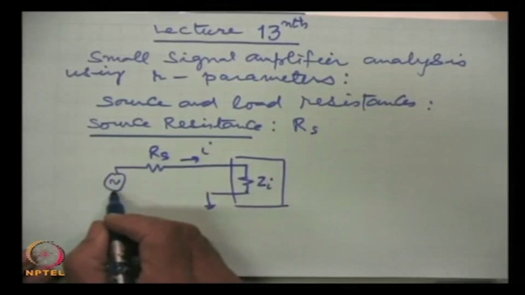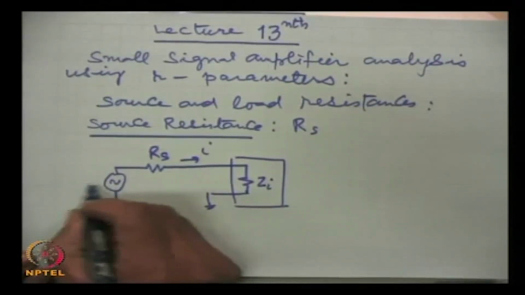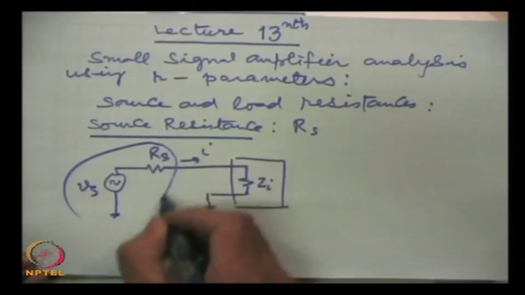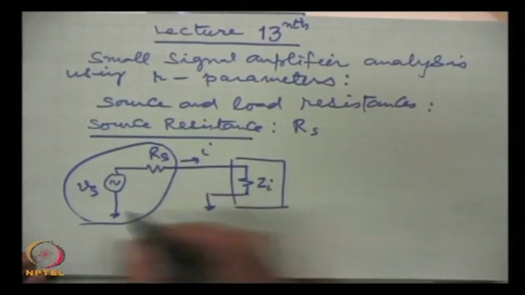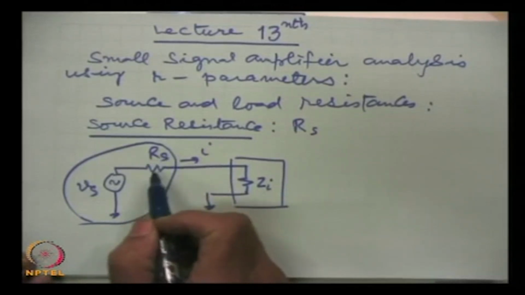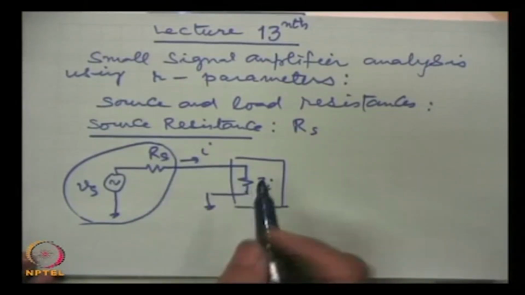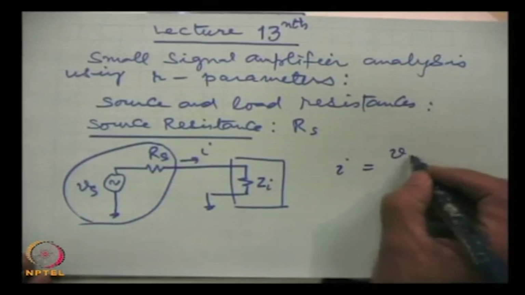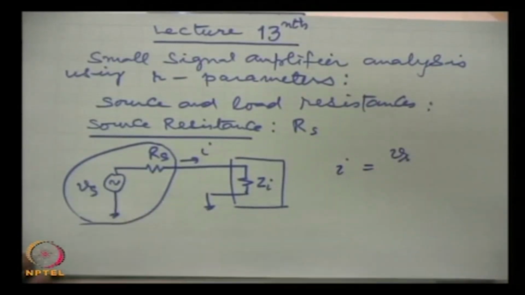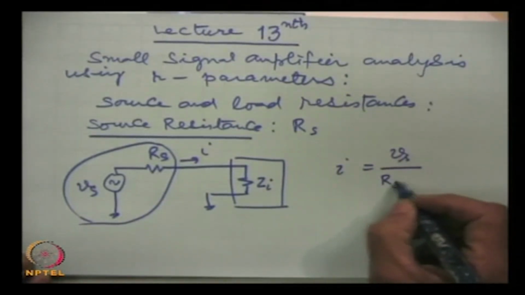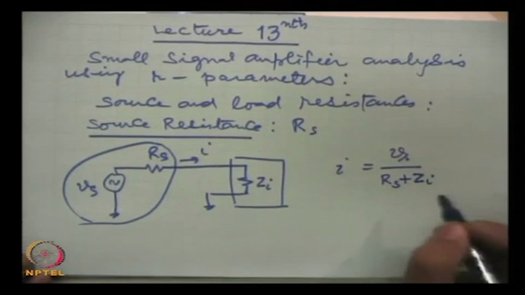This is the source impedance, Vs, and this can be Thevenized with a voltage source and a resistance. Now, this current I, we can simply write, will be Vs, the signal voltage, over the two resistances coming in series, Rs and Zi.